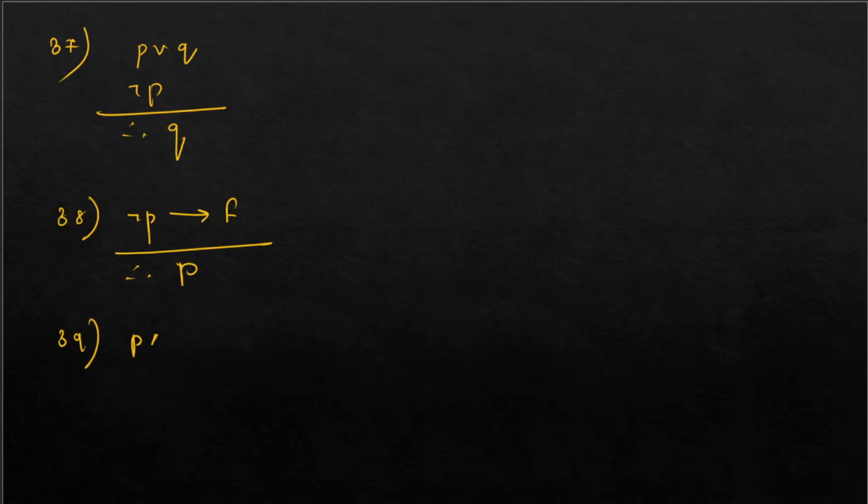The 39th is P and Q, and this will give the result P, and this is the rule of conjunction simplification. Okay, note this, everyone.